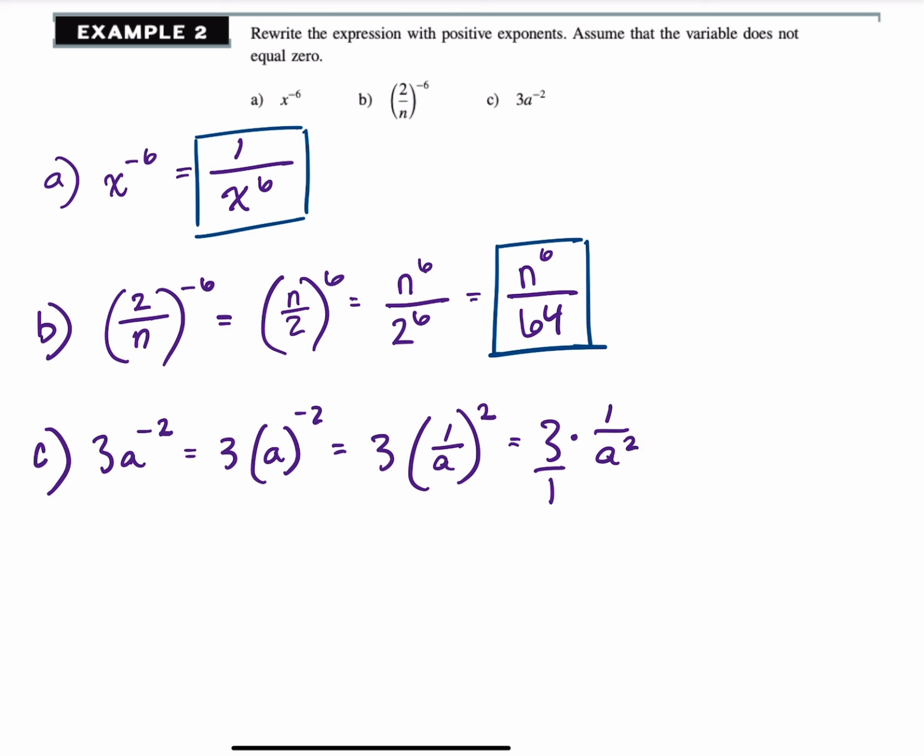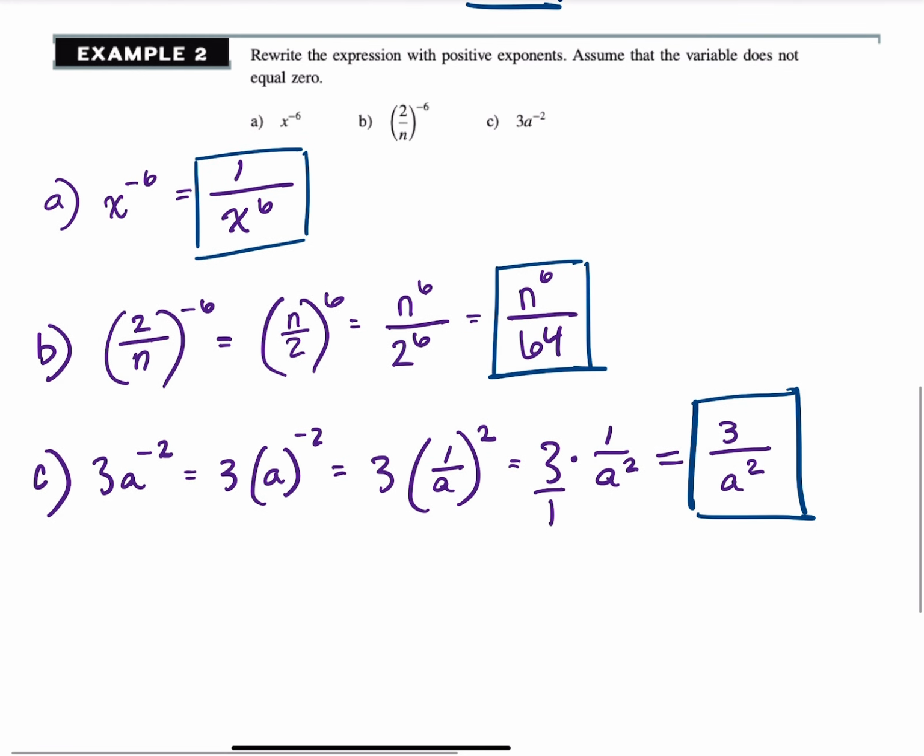And this 3 is like a 3 over 1. So if we multiply this, it will end up in the numerator. So 3 over a squared. So if you have a negative, it flips a fraction, and then you get the positive exponent.